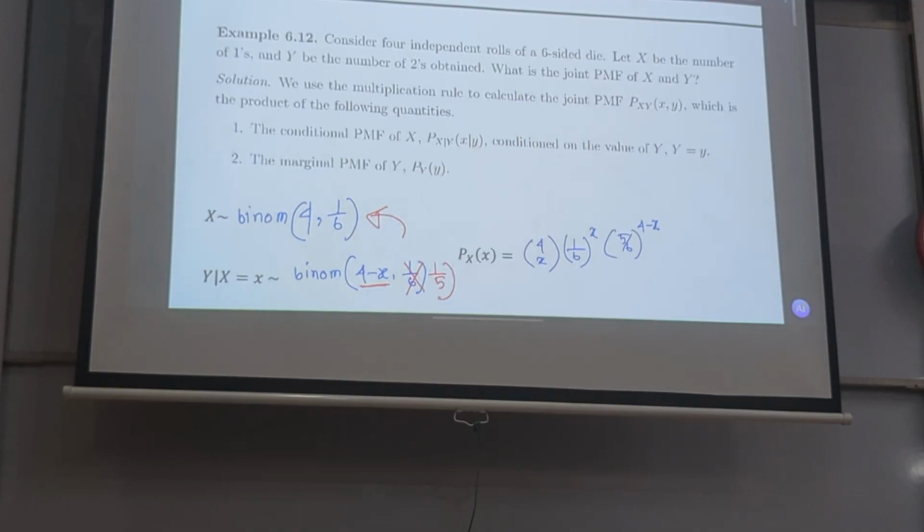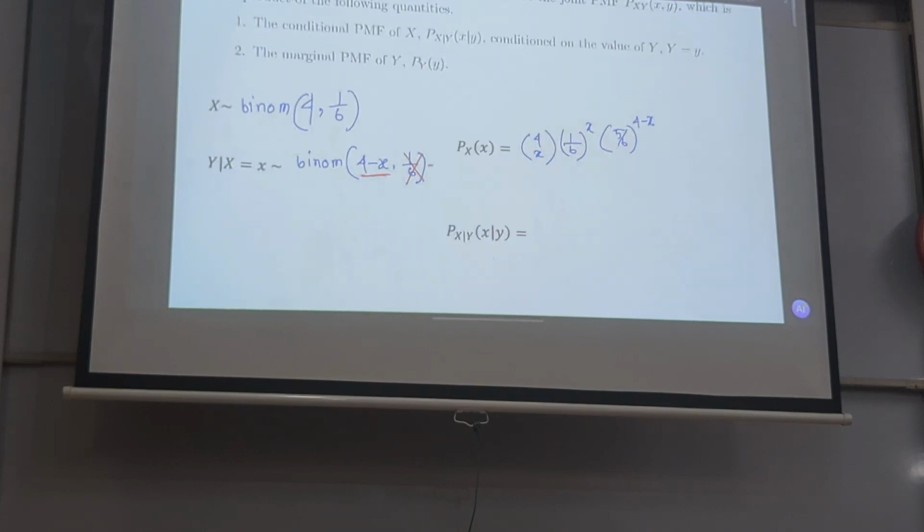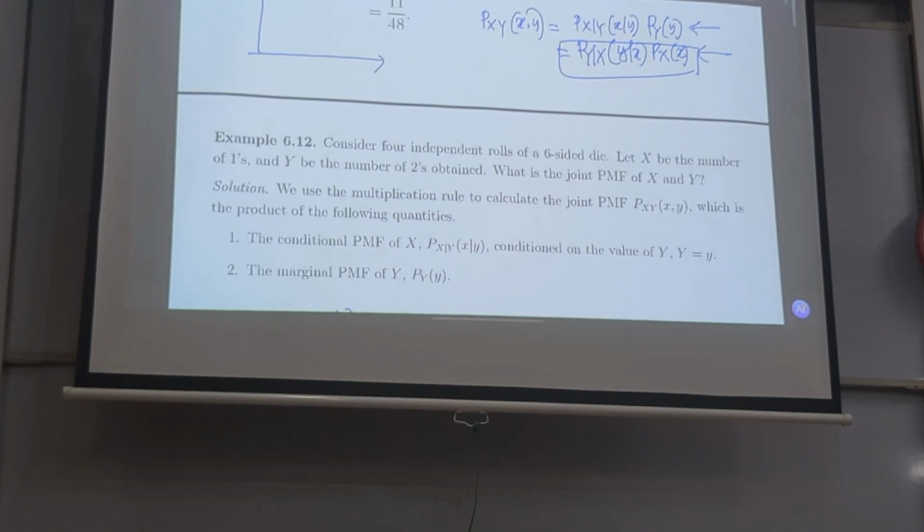Yes, sir. And so the PMF is as follows. Here X can be from 0 to 4 and here Y can be from 0 to 4 minus x. And then the joint PMF is this.